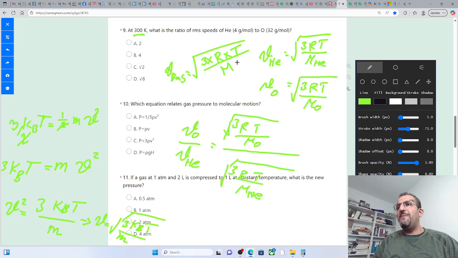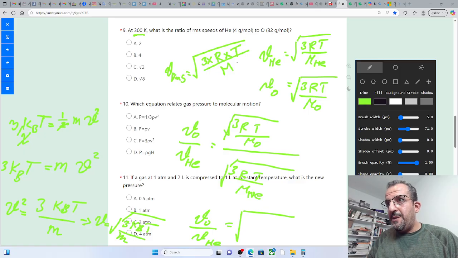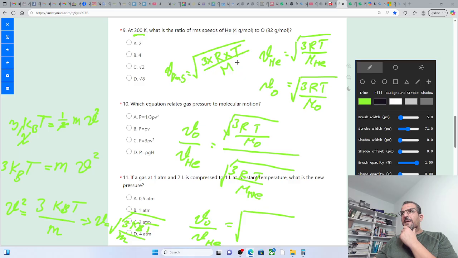So we'll see that the ratio is actually between root mean velocities and molecular masses. V oxygen over V helium is equal to the square root of the molecular weight of helium divided by the molecular weight of oxygen.